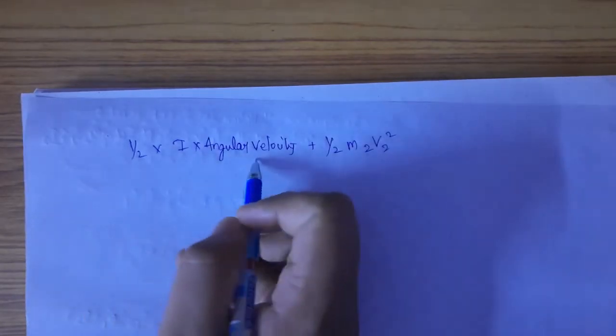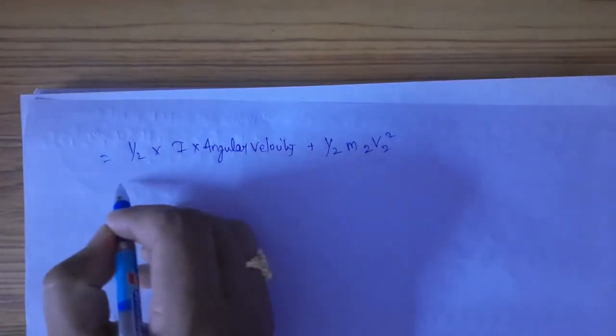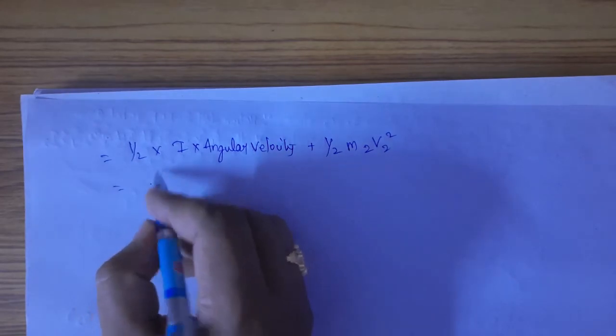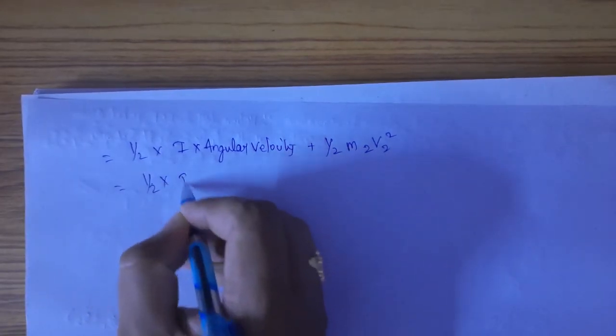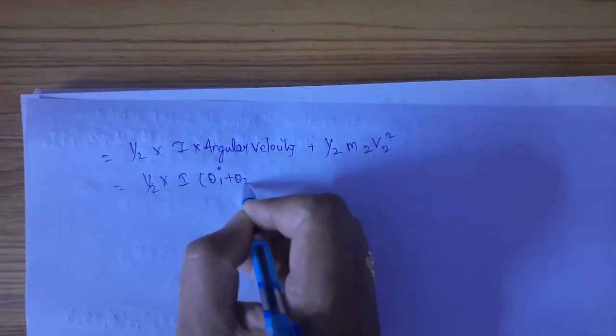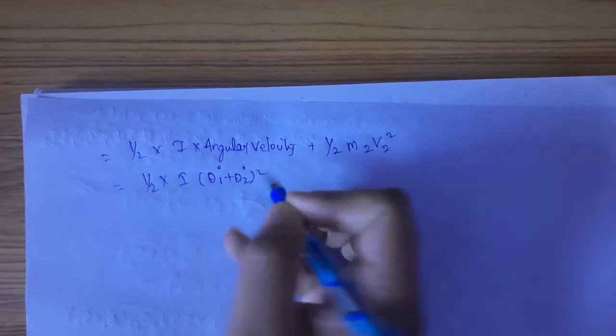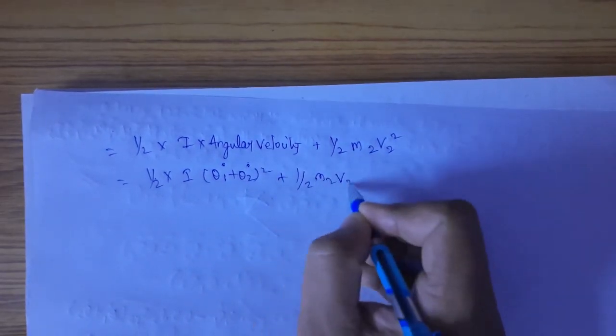So we take the inertia as well, and we will be getting half into I into theta 1 dot plus theta 2 dot square, plus half into m2 v2 square.